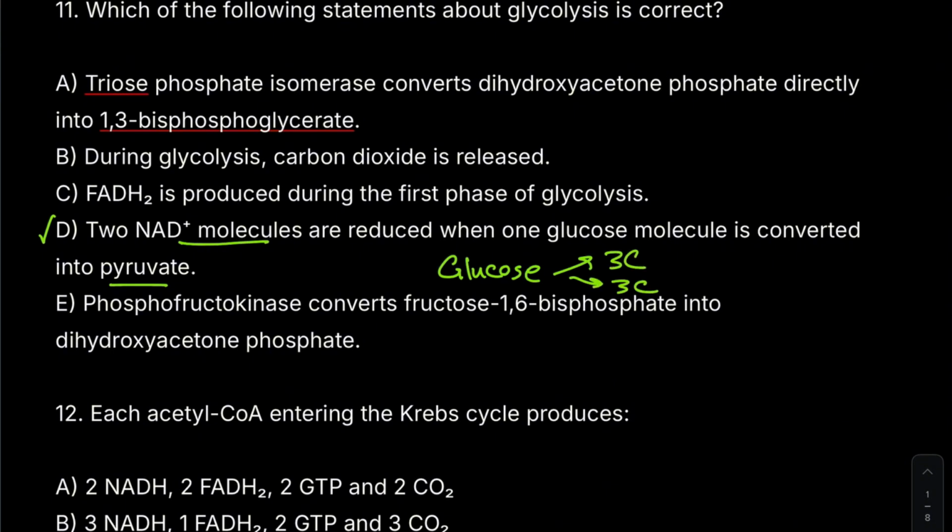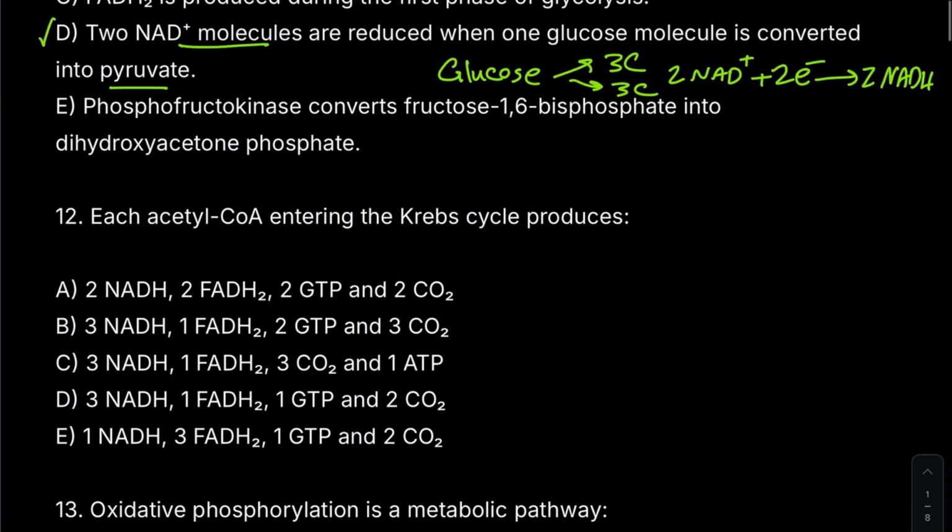During their oxidation, 2 NAD positive molecules accept electrons and become 2 NADH molecules. NAD positive plus 2 electrons gives 2 NADH. Glycolysis produces no carbon dioxide and no FADH2, which rules out the other options.